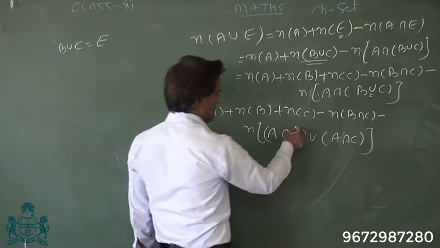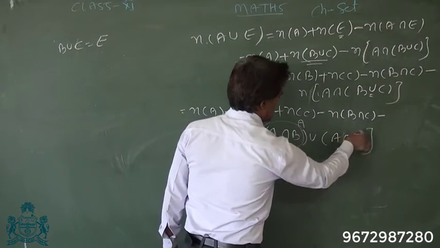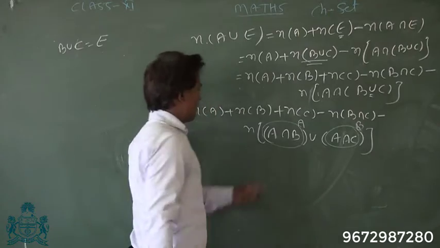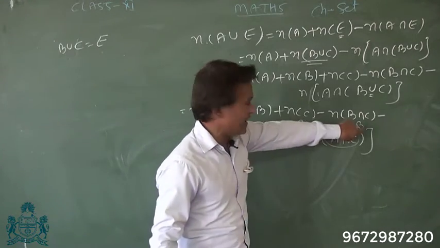Now we suppose that this is set A, and this is set B. So what does the formula become here? n(A union B).